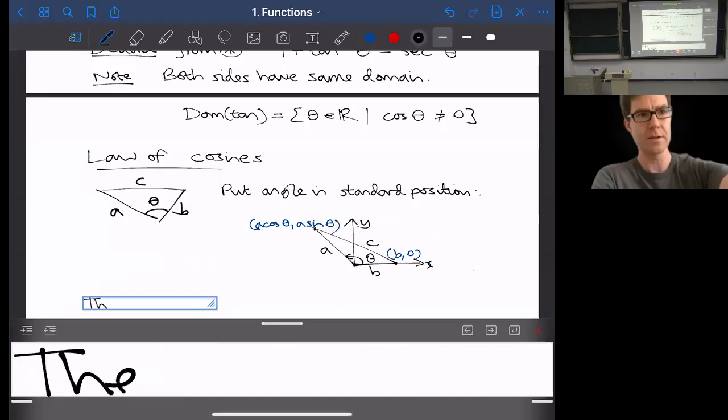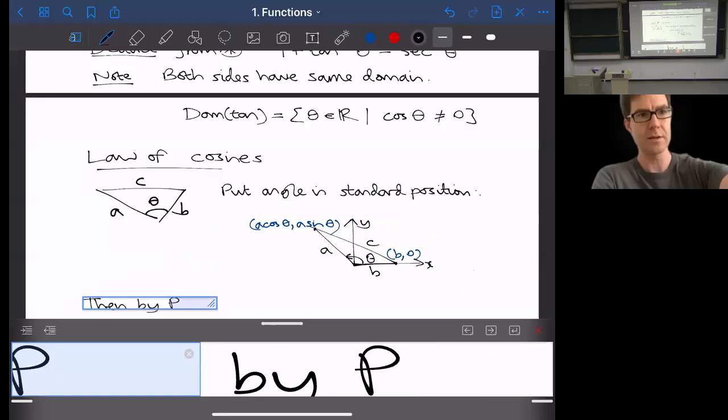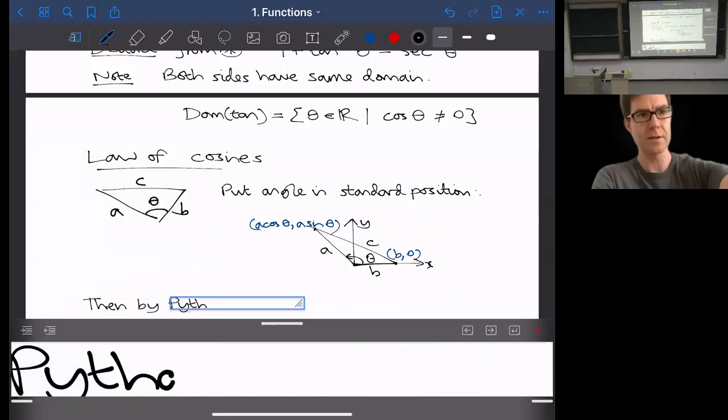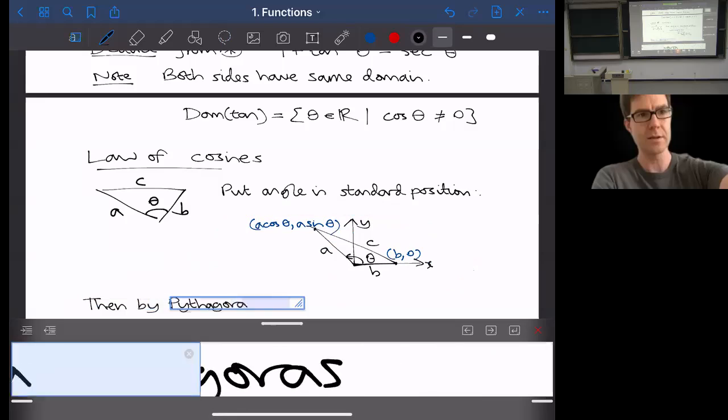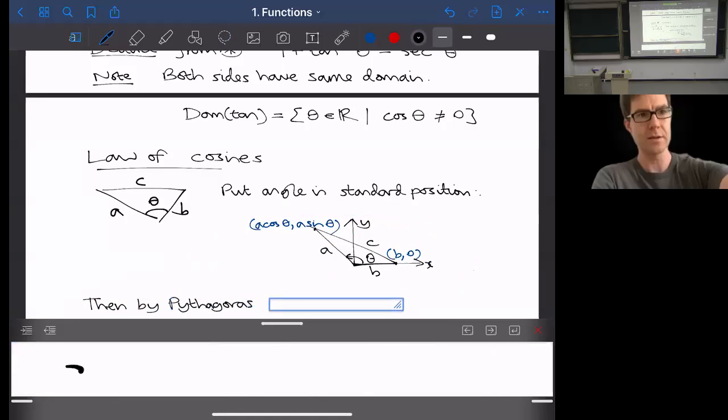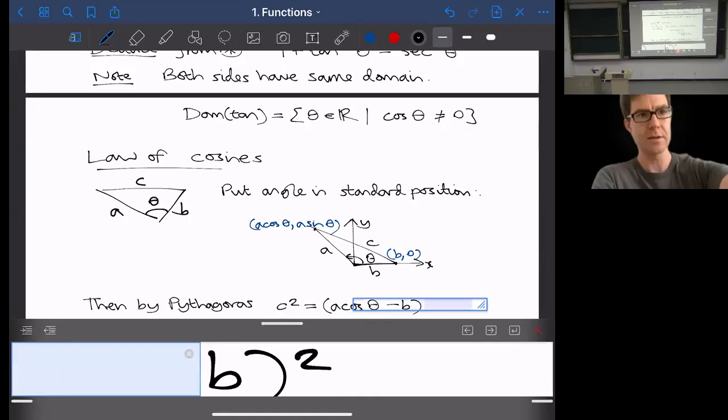So then, by Pythagoras, the square of C, the distance between those 2 points, can be calculated from those coordinates.